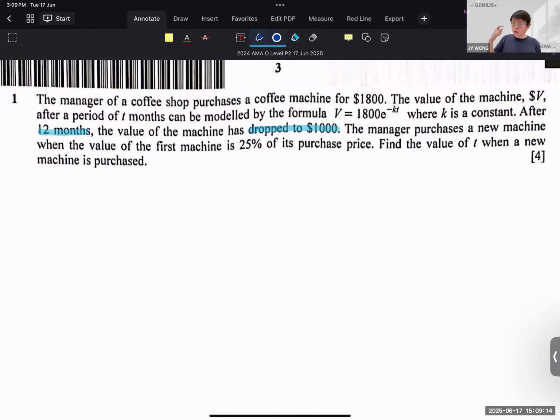So make sure you present it properly: when T equals 12, V equals 1,000. Correct? And that gives you 1,000 equals 1800 e to the power of negative K times 12.